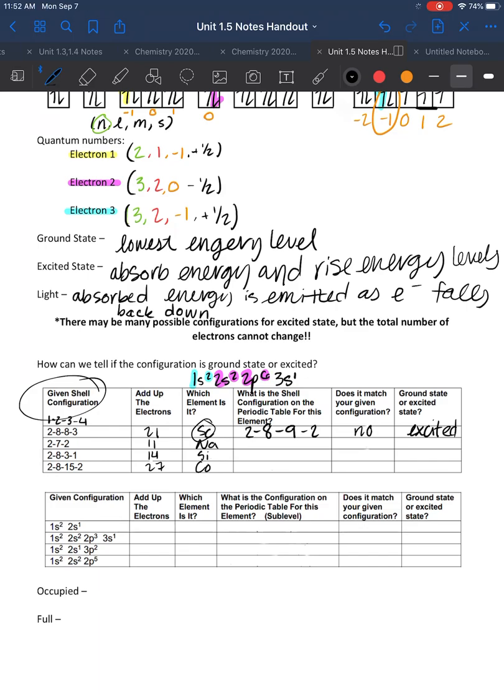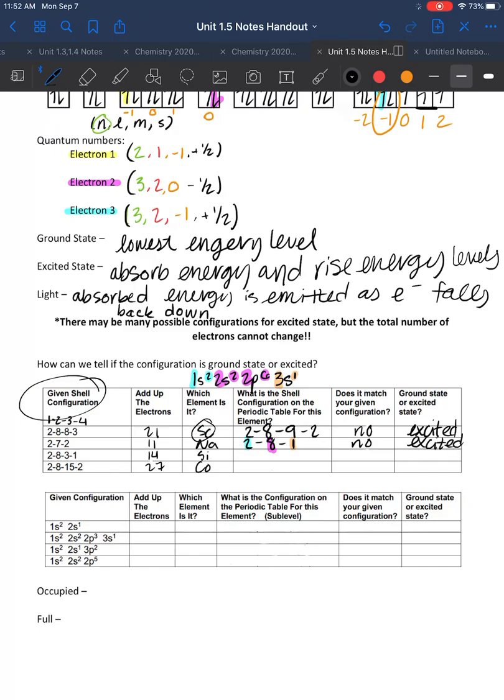So again, if we're adding up for our shell, in the first energy level we have 2, the second we have 8, and the last we have 1 for our third energy level there. Okay, does that match what was given to us? No. So again, must be in excited state.